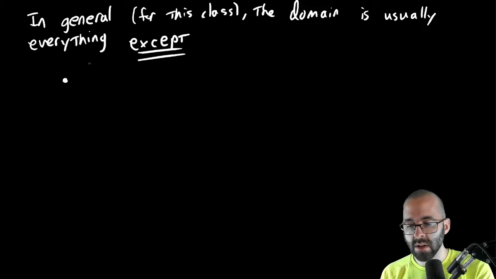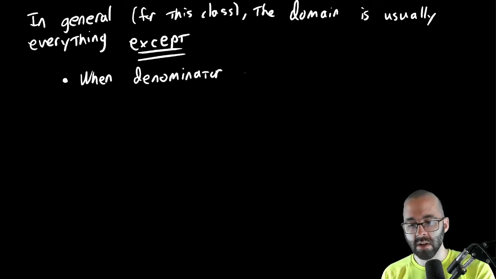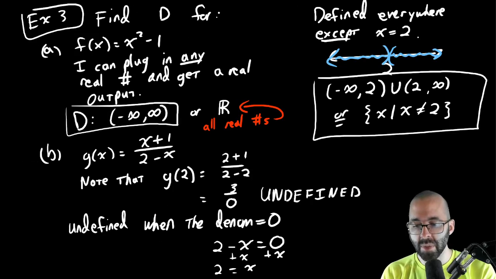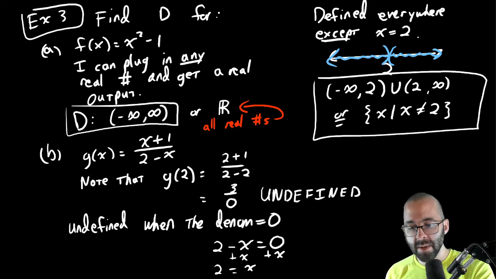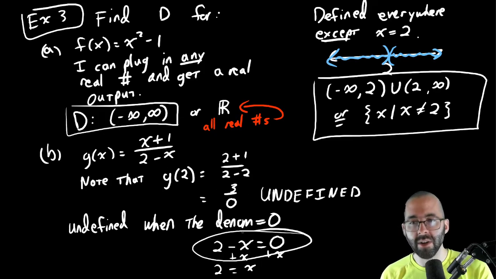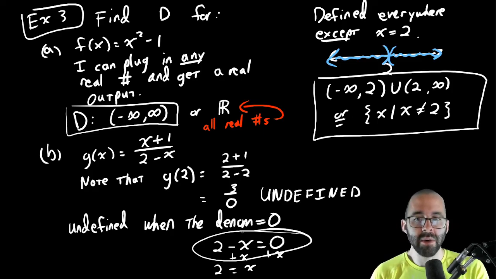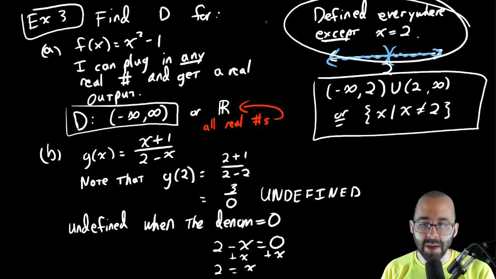One way that the problem can happen is the denominator of a fraction is 0. And this is what we saw in part B, right? It was all numbers except when that denominator equals 0, and that's how we found it. We looked at the denominator, 2 minus x, found when that was equal to 0, and said, all right, it's everything except that.